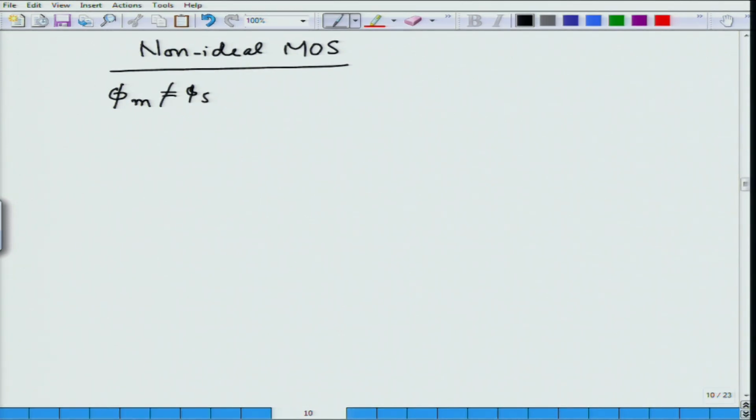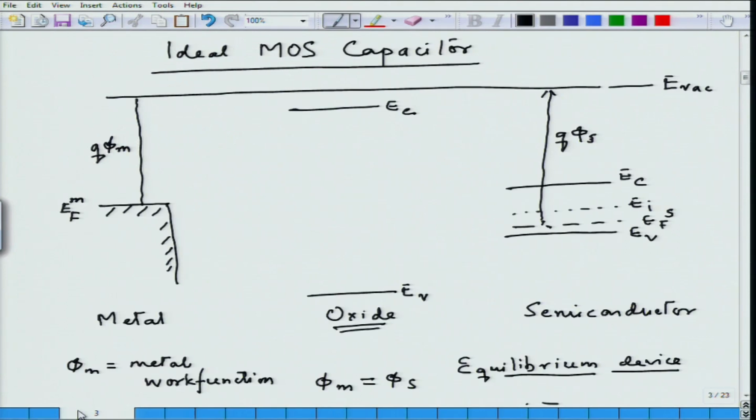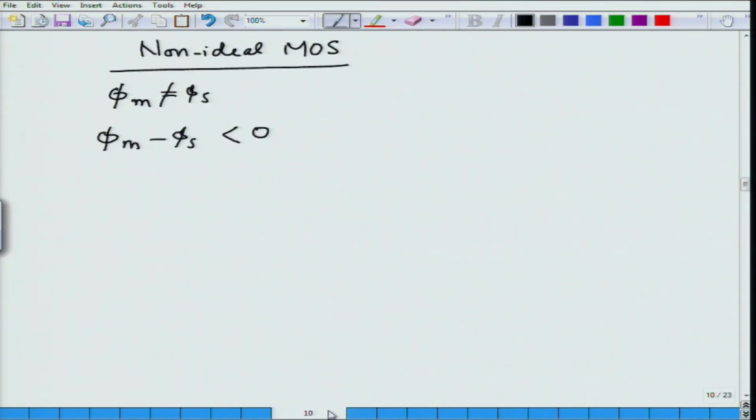So, let us look at an example when they will not be equal. Let me make an assumption that the situation is such that phi m minus phi s is less than 0. So, if we go back to our earlier definition, it means phi m is smaller compared to the phi s value.